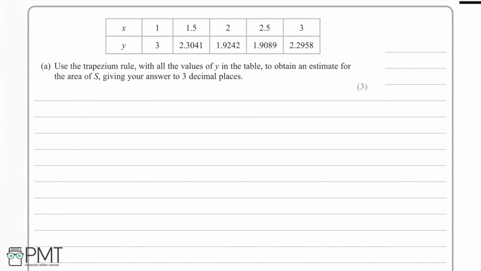So in part A of this question, we're asked to use the trapezium rule with all of these values given in the table to obtain an estimate for the area of S, and we're asked to give our answer to 3 decimal places.